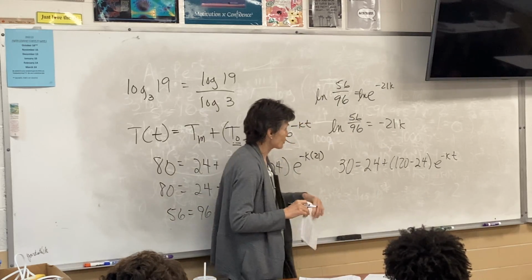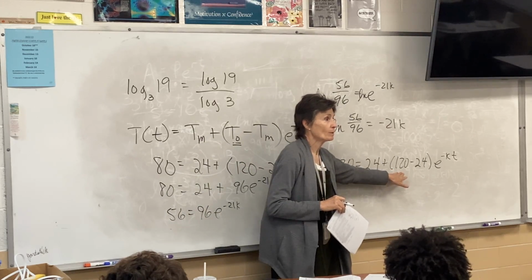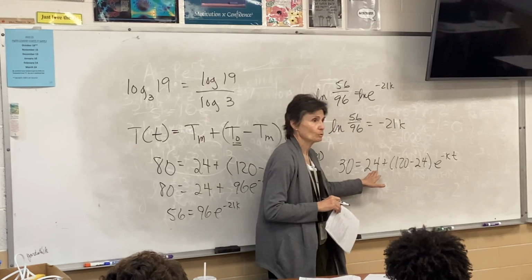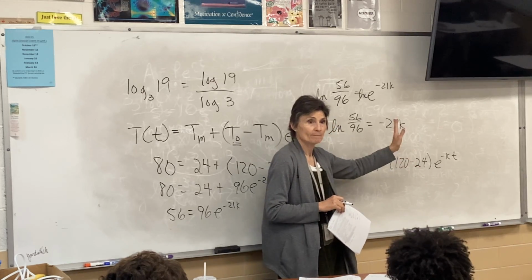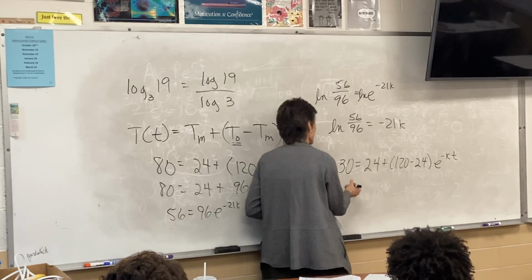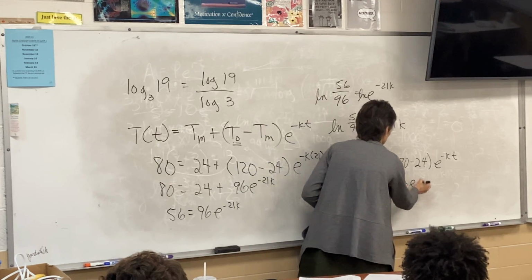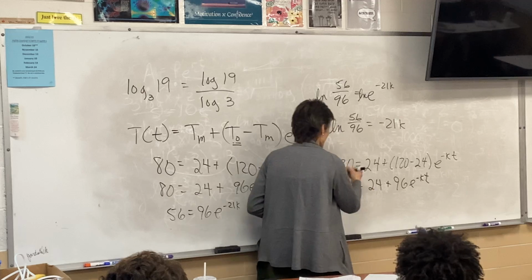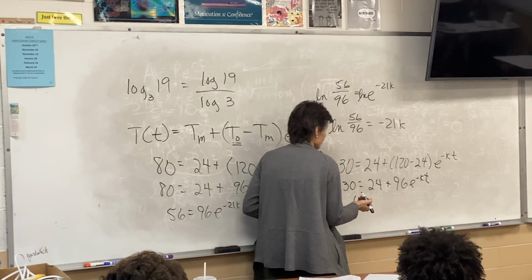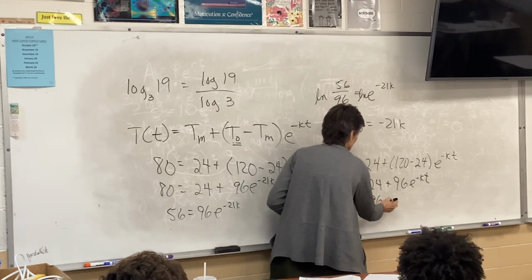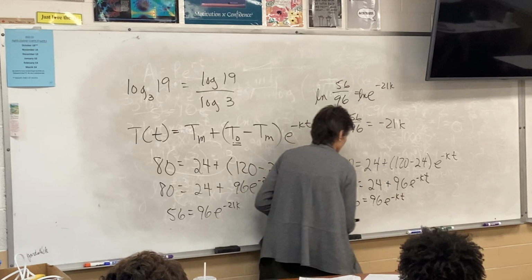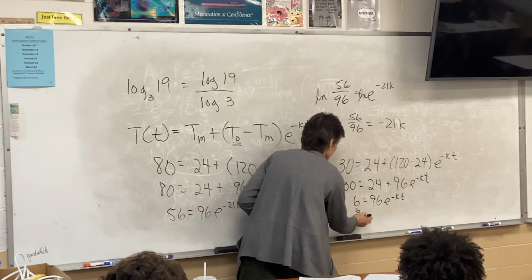Nothing else has changed. Weren't the brownies originally 120 degrees? Isn't the room still 24 degrees? That hasn't changed. So I'm going to do all the same math again. Subtracting 24 from 30, this time it's 6. So 6 over 96.